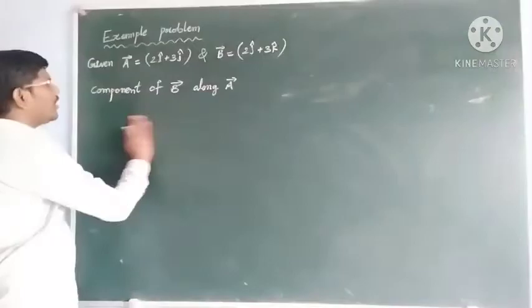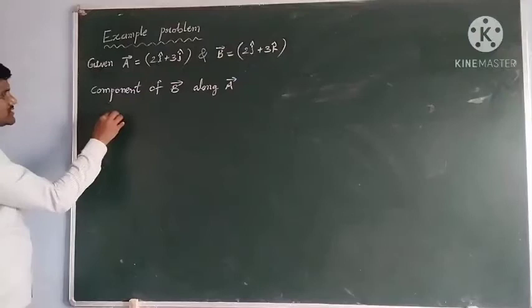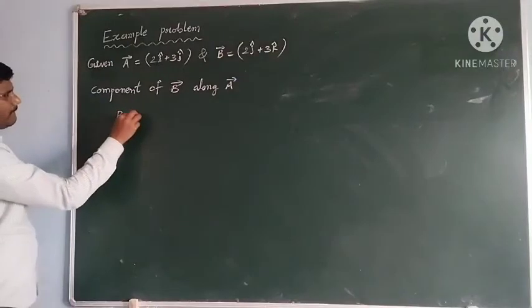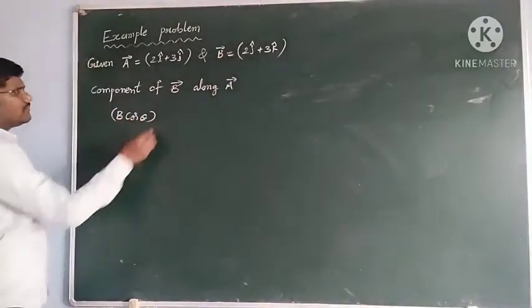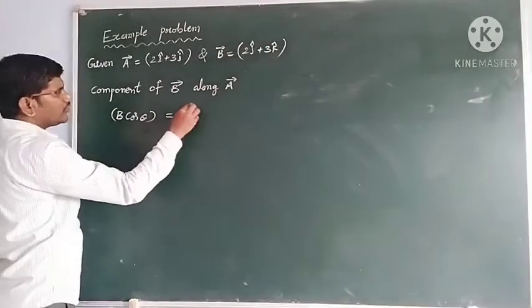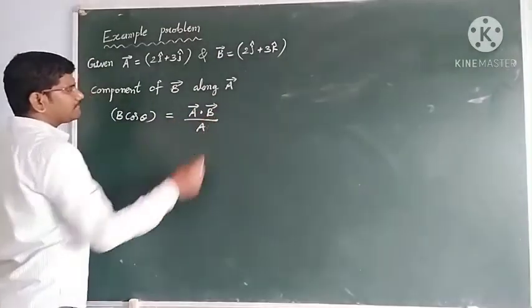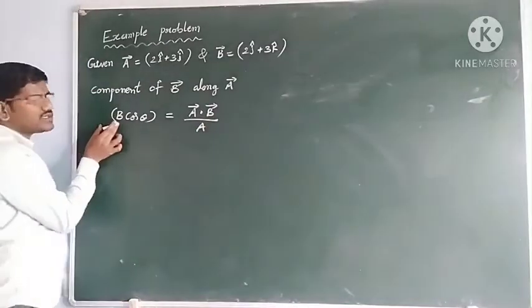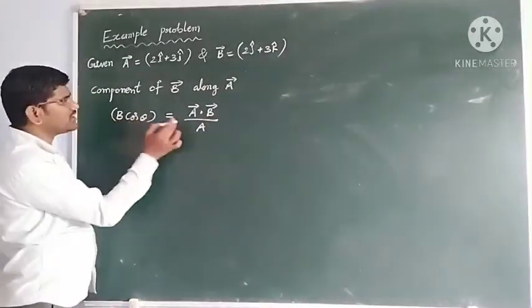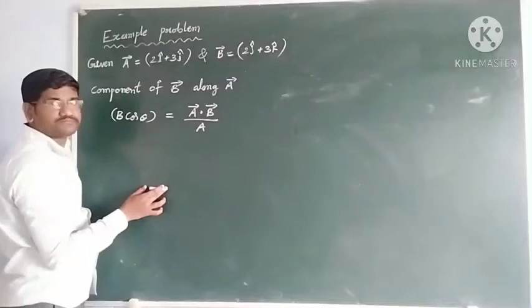Component of B bar along A bar means B cos theta. B cos theta is equal to, what do we know students? A bar dot B bar by A. Because if you cross multiply, A B cos theta is equal to A bar dot B bar.